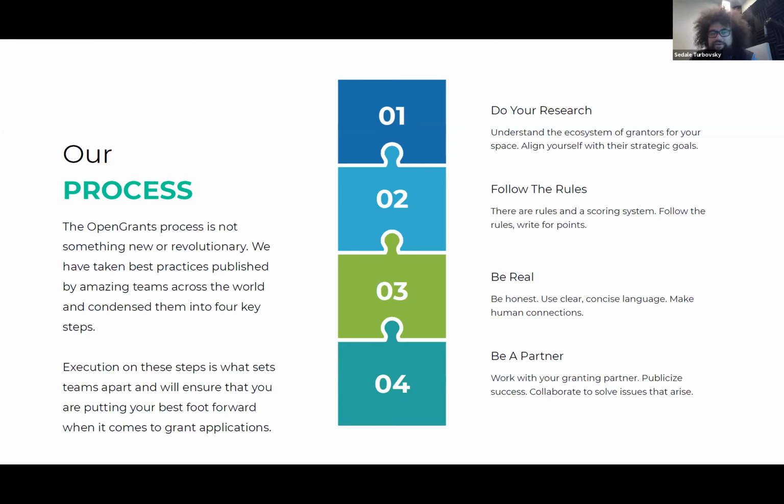And then the final note here is just to be a partner. So work with your granting partner, not just after you receive the grant, but before. As Gina mentioned and other people have mentioned, you want to start that relationship early on. And this goes back to what I said at the beginning of the presentation: if you have time, build yourself, within your CRM or whatever kind of tools you use, a plan.